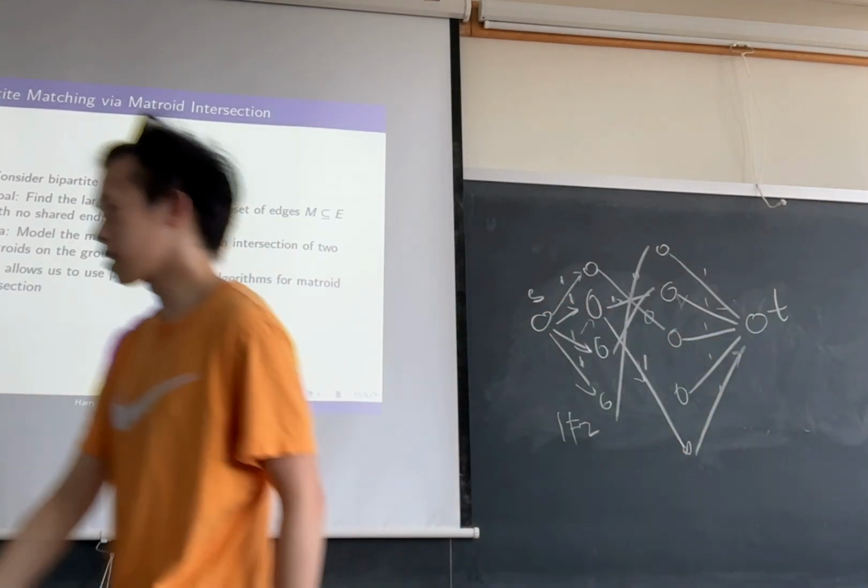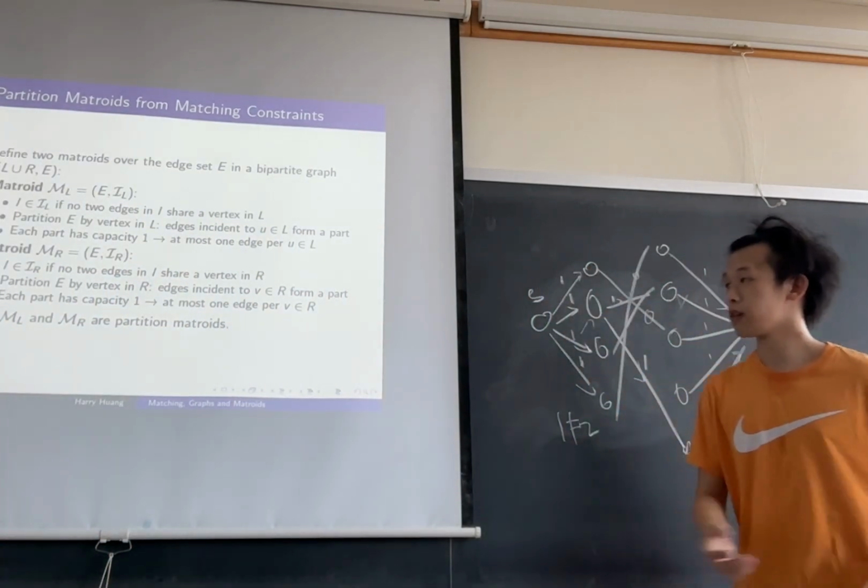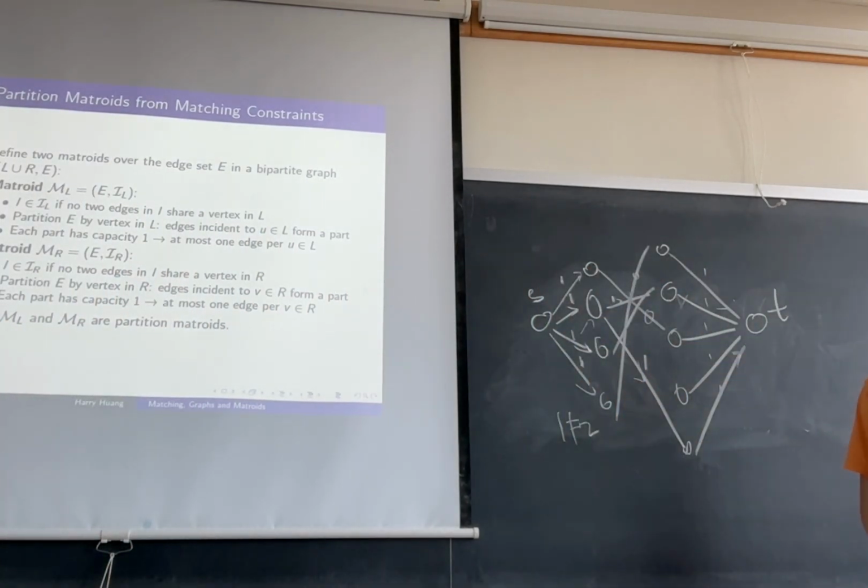I will just show the next slide. The left matroid's set is independent if and only if it satisfies the matching property in the left vertex set, and the right matroid's set is independent if and only if it satisfies the matching property in the right set.